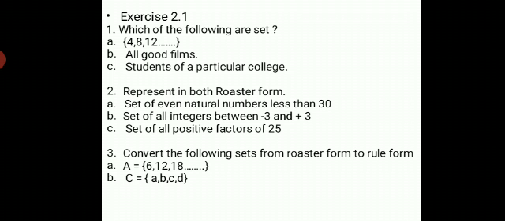Again the third one, convert the following sets from roster form to rule form, and vice versa. Okay, so here A is given with numbers 6, 12, 18. I will give it as a hint: x = 6n.